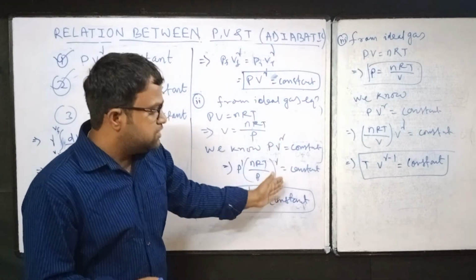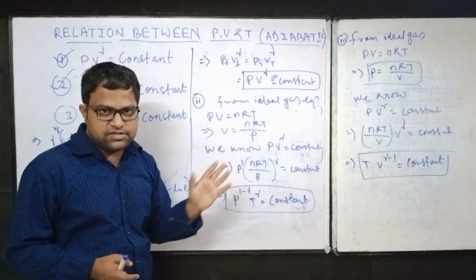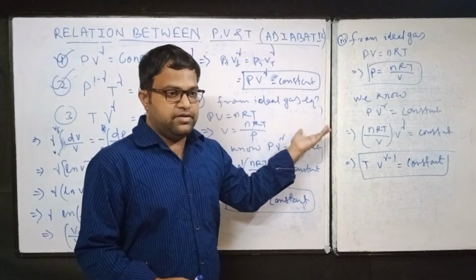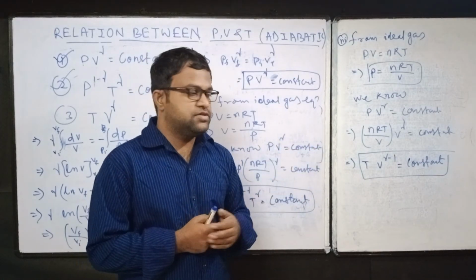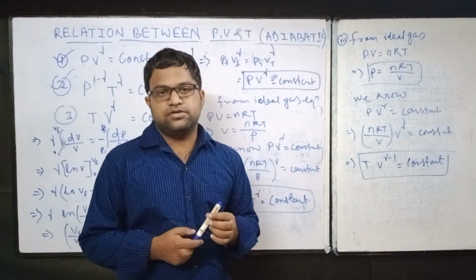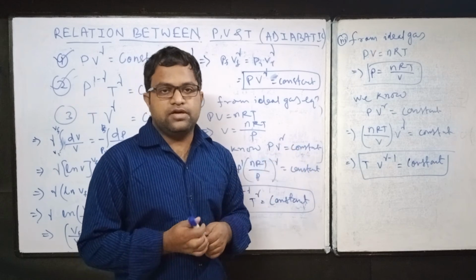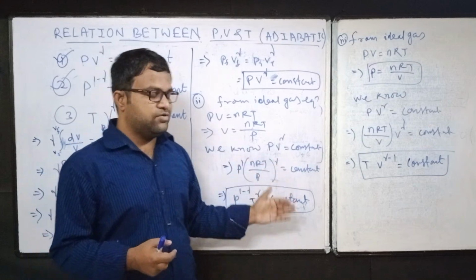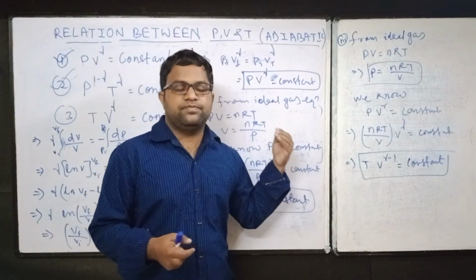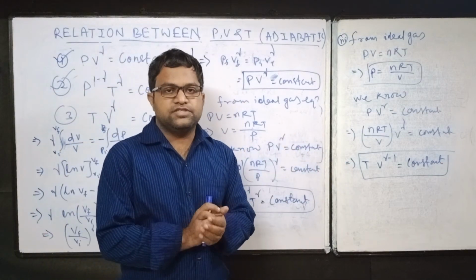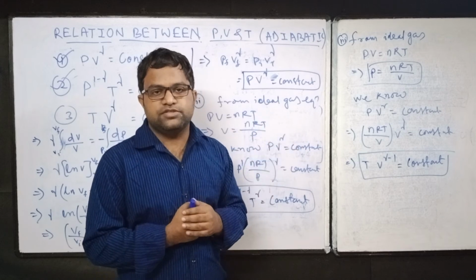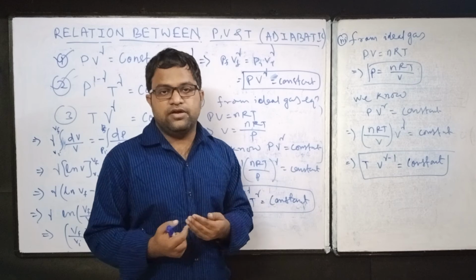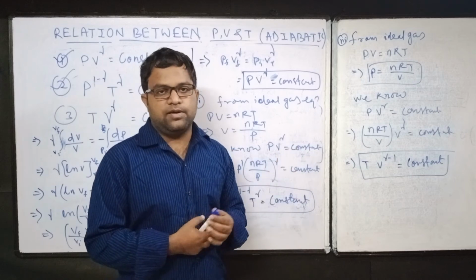Based upon these relationships, lots of numerical problems come in entrance or competitive exams. Many questions come based upon these relationships, so you can practice this derivation. Also in some board exams, this type of derivation comes in theoretical questions, like derive PV to the power gamma equal to constant.